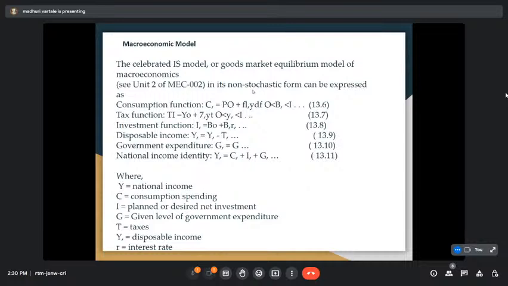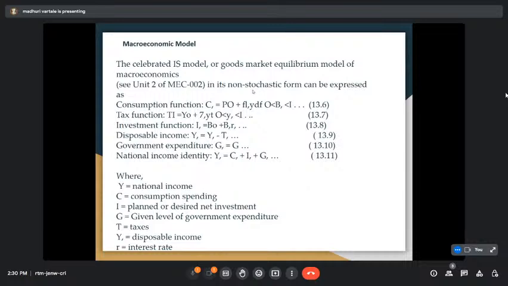Under this, C is equal to the consumption function, which can be a function of Y and T. The tax function is related to income. Then the investment function is equal to B0 plus B1 R. Disposable income depends again on income and the tax. Then government expenditure depends on government revenues and then its expenditure.